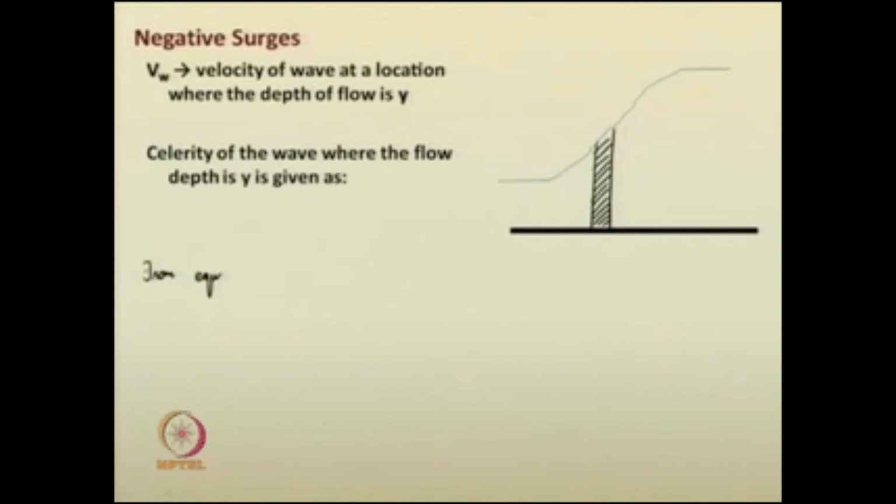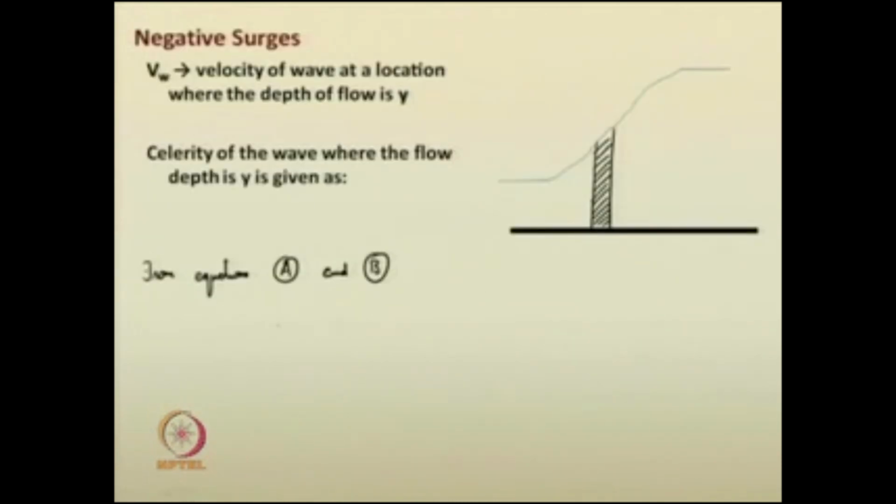So, from equations A and B, what can we infer? As we suggested, for this elemental strip, the velocity of the wave is V w here.